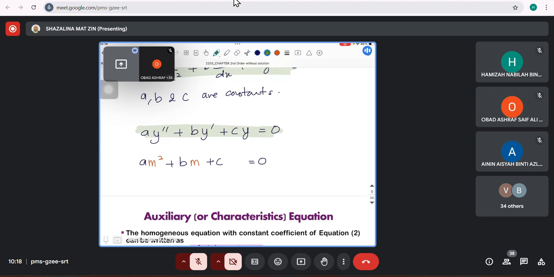Okay. So this is what we call the auxiliary equation or characteristic equation. Before we proceed with the solution, we have to change the differential equation into the auxiliary equation or characteristic equation.